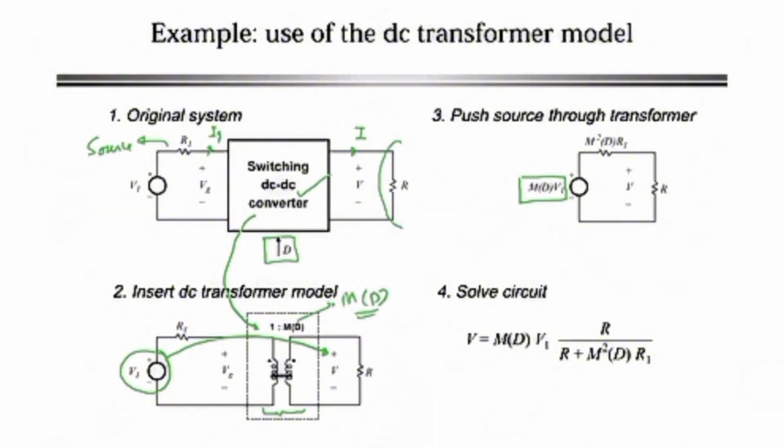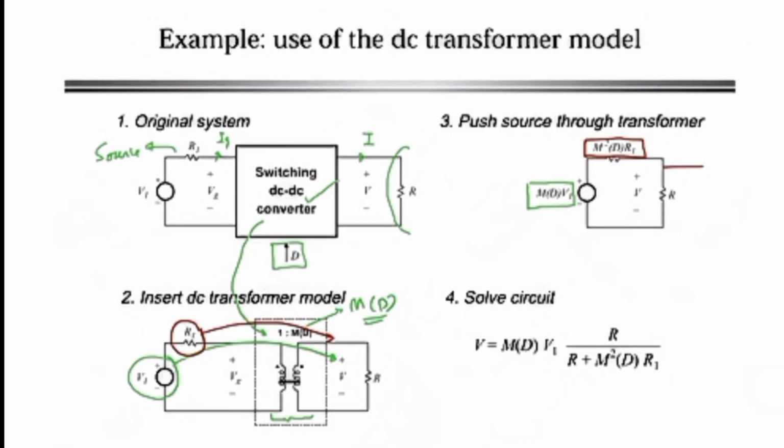And similarly, when we push the resistance R1 to the other side, it will be modified by the factor M squared of D. So now we are going to find the output voltage and use the voltage divider rule: R over R plus M squared D times R1, times the voltage that we are going to apply, that is M of D times Vg.